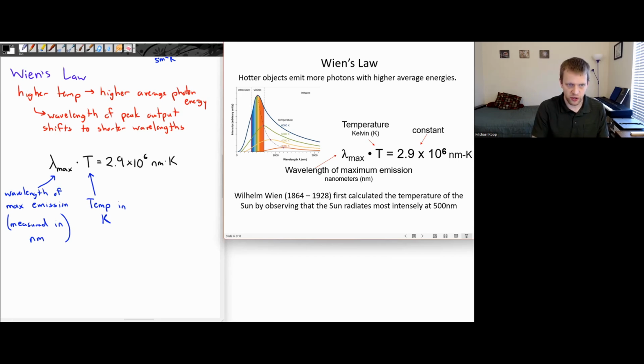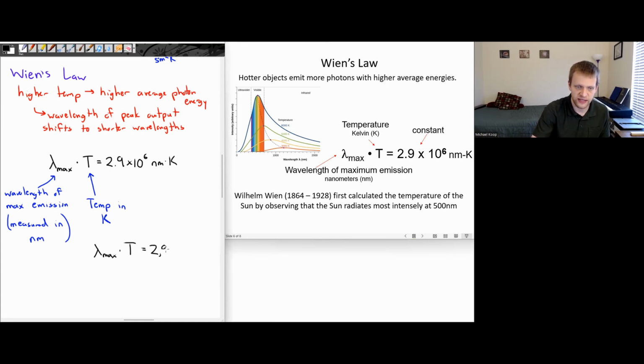Let's actually give this a try. So the observations of the sun show the sun radiates most intensely at 500 nanometers. So that is the wavelength of maximum emission. So let's set this up. We've got lambda max times temperature is 2.9 times 10 to the 6. So that would be 2.9 million.